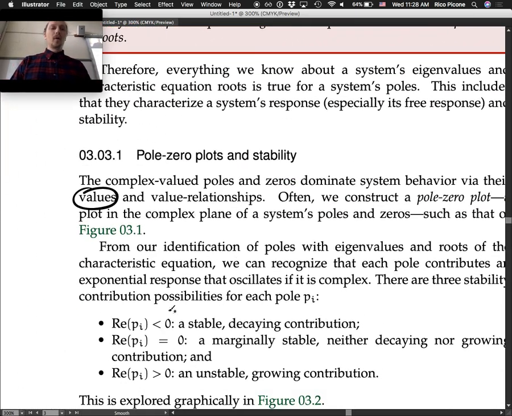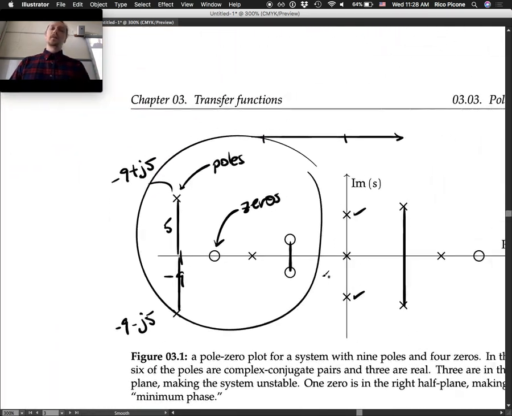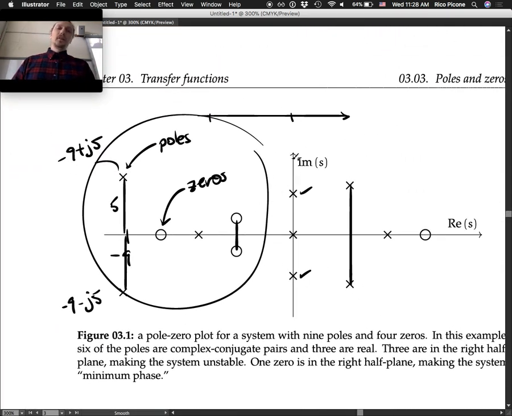If we have a pole that has 0 real part, it's marginally stable, with neither a decaying nor a growing contribution. So if you're along this imaginary axis here, these 3 poles contribute a marginal stability to the system. They aren't unstable, their contribution doesn't grow, but it doesn't decay either, it just stays.